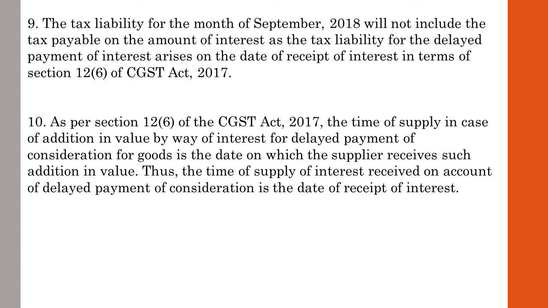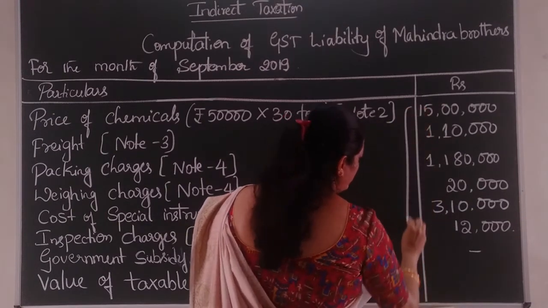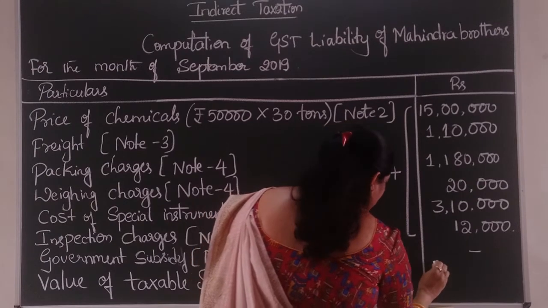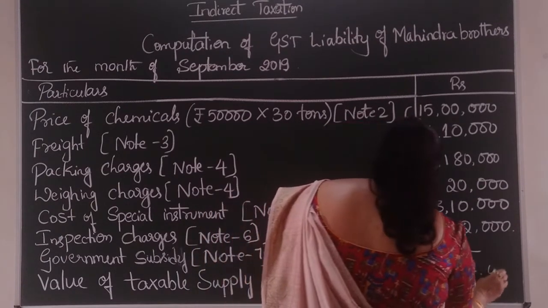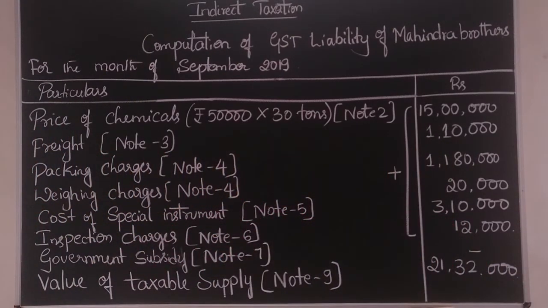That means the tax liability includes only the amount which is directly incidental. So interest charges we should take in the next month. Add these and you will get 21 lakh 32,000, which is the total amount of value of taxable supply.